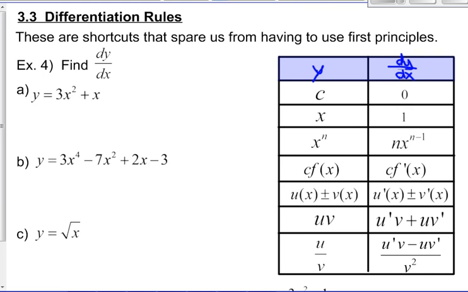Then we have the product rule, which says if you've got u times v, where u and v are both functions of x, then it's going to differentiate as u prime v plus u v prime. Same thing for a quotient. And again, we proved these in class. If you have u over v, then it's going to look like this.